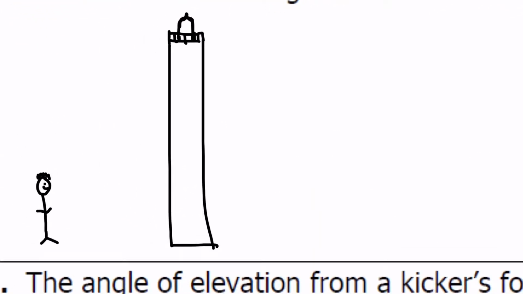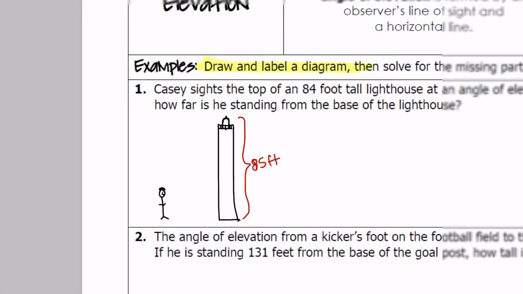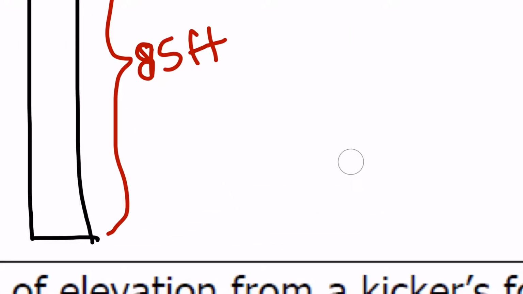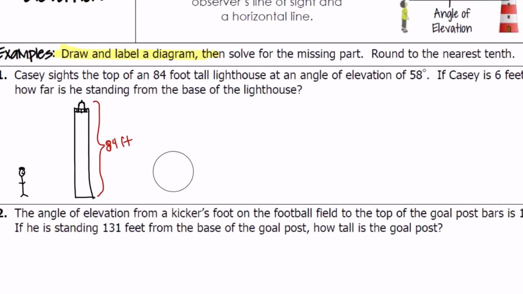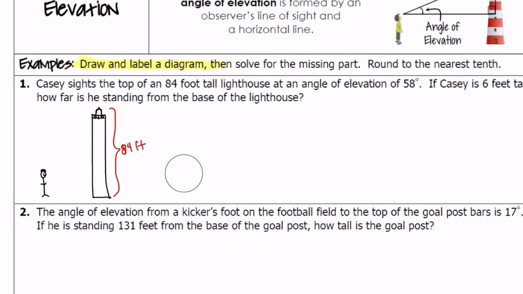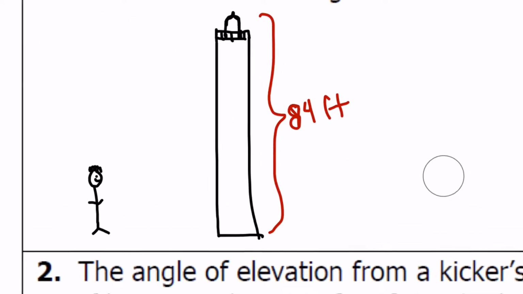I'm going to label that this is 85 feet tall. 84 feet tall. Wow, can't read. 84 feet tall. And he's looking at it at an angle of elevation of 59 degrees.